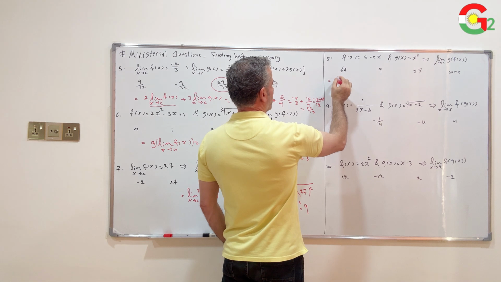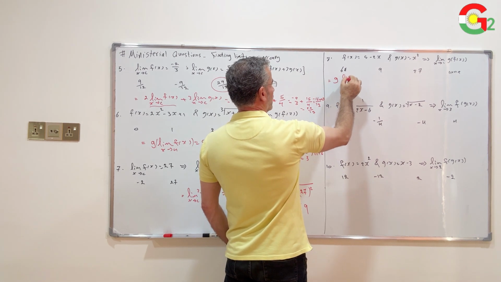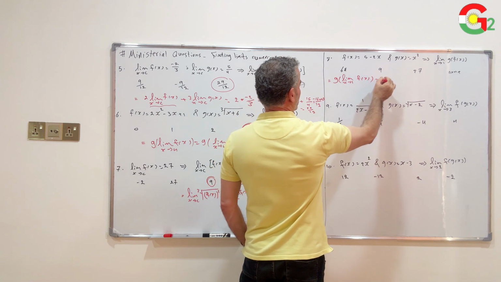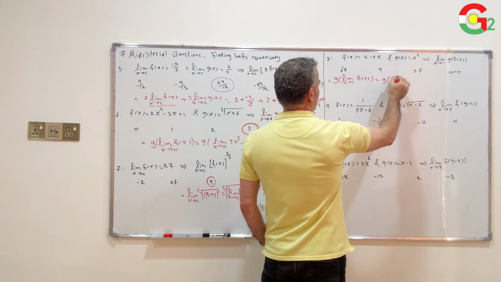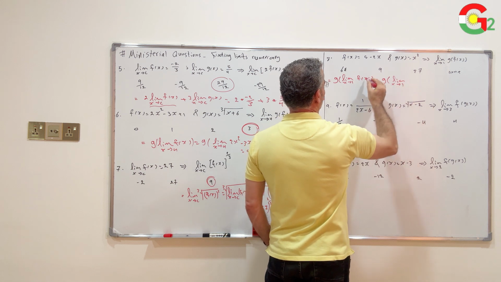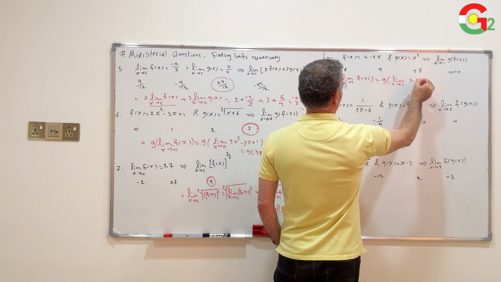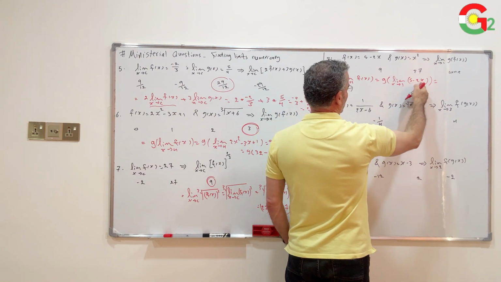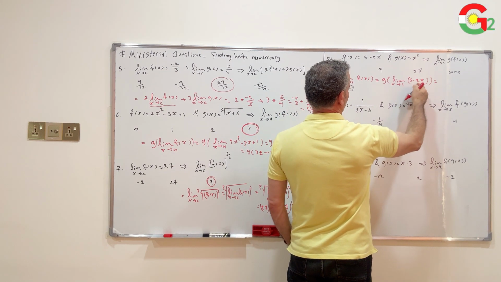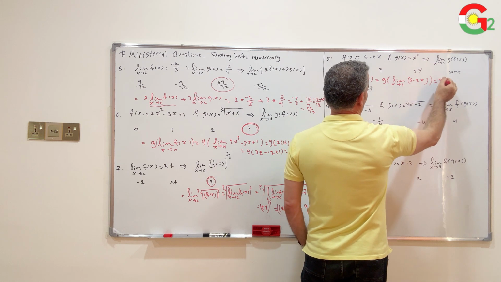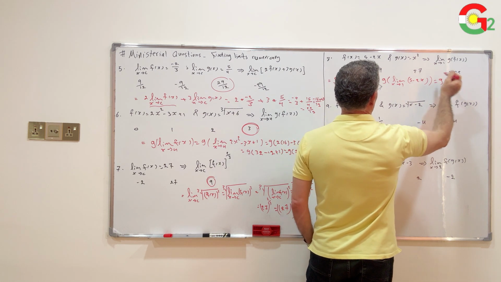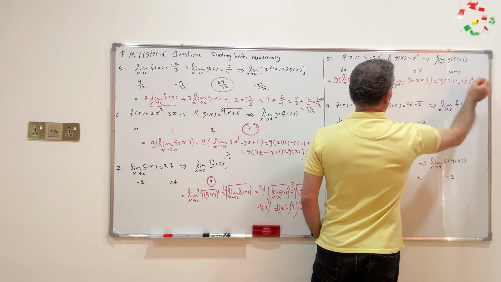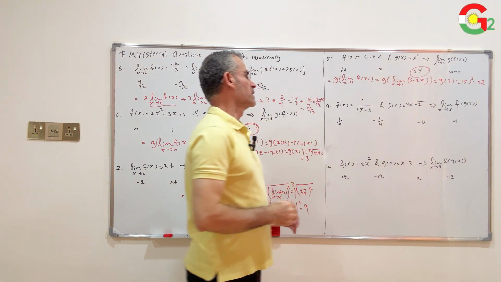Rewrite this limit as g of the limit when x approaches 1 of f of x, equal to g of the limit when x approaches 1 of 5 minus 2x, equal to, substitute every x with 1, 5 minus 2 times 1, 5 minus 2, it is 3. Then g of 3. g of 3 equals 3 power 3 equals 27. Choice C.